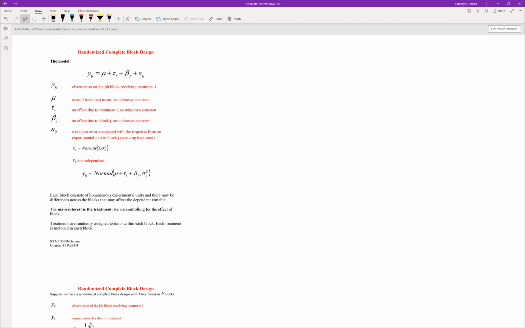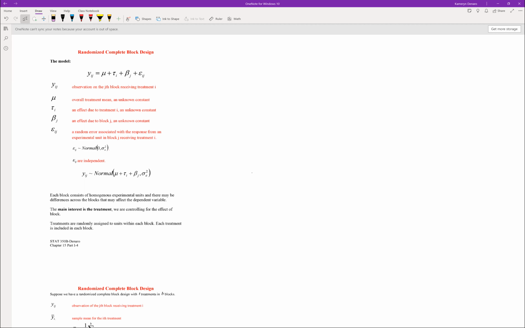Mu is the overall treatment mean, an unknown constant. Tau i is the effect due to treatment i, also an unknown constant. Beta j is the effect due to block j, an unknown constant, and epsilon ij is the random error associated with the response from the experimental unit in block j receiving treatment i.